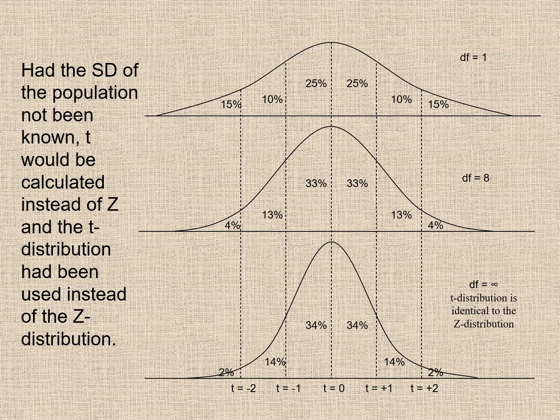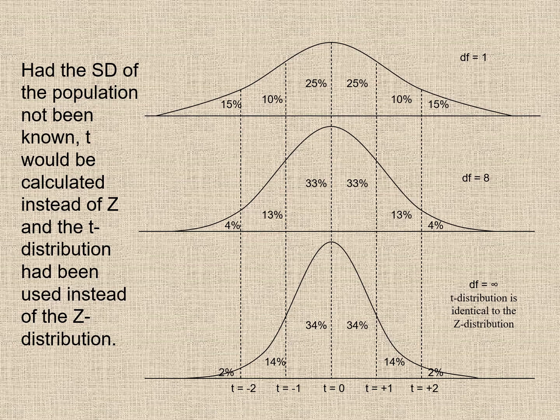The probability is 15% for this sample to have a mean that is more than 2 standard errors above the population mean, and so on. So if we have a small sample of 2 individuals, which gives 1 degree of freedom, then it's that t-distribution we would take a look at when estimating probabilities.